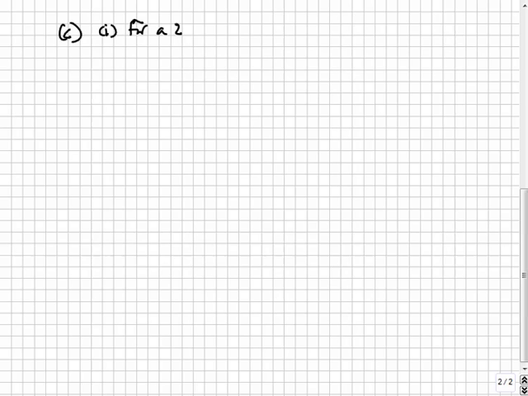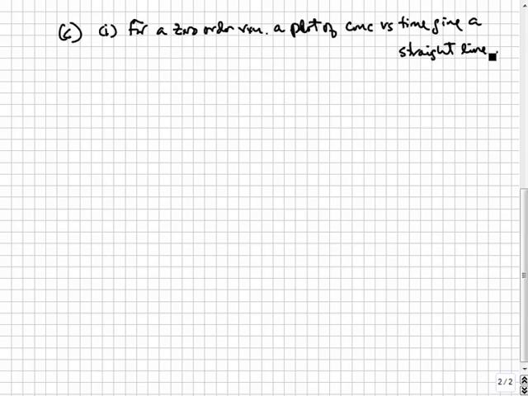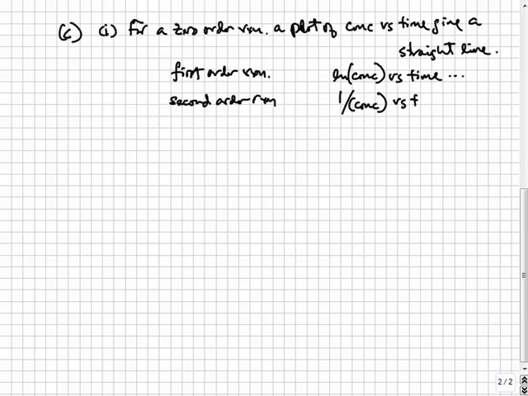C, part 1. For a zero-order reaction, a plot of the concentration versus time should give a straight line. But for a first-order reaction, a plot of the log of the concentration versus time should give a straight line. On the other hand, for a second-order reaction, 1 over the concentration versus time should give you a straight line.